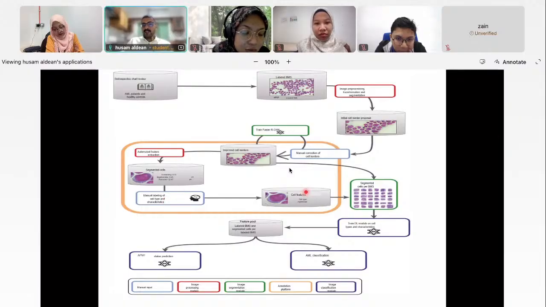So we now get the cell features, segmented by cell of the bone marrow smears. Then we train the deep learning model on these cell characteristics and get the results.